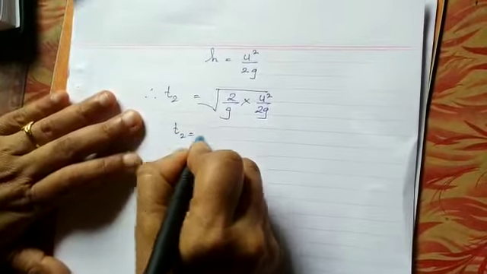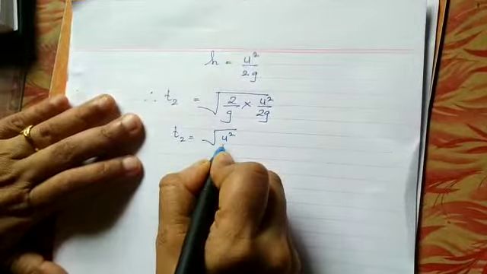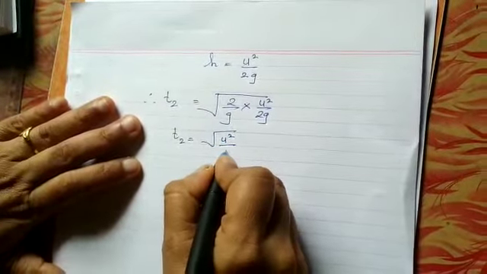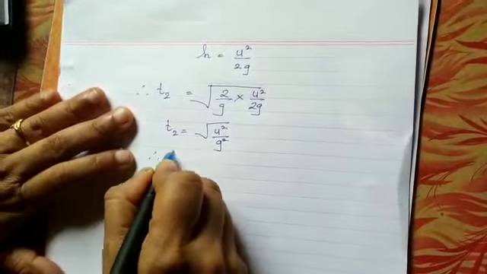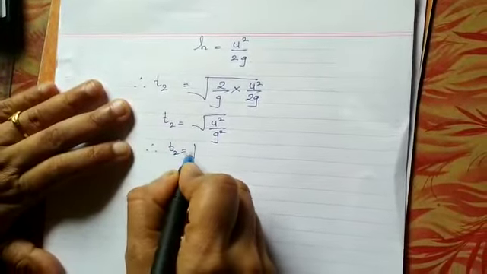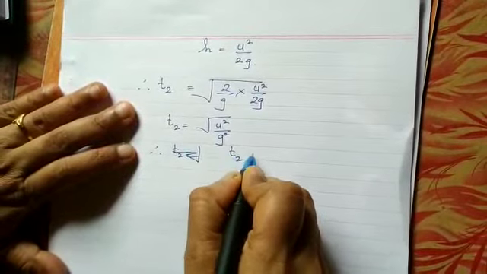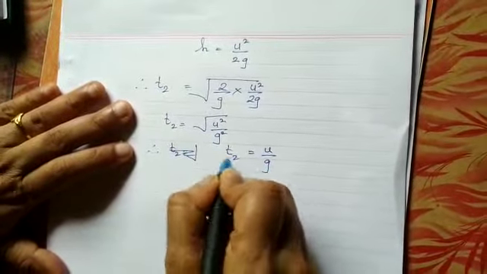So t2 is equal to under root u square upon g square. So we'll get t2 is equal to u upon g.